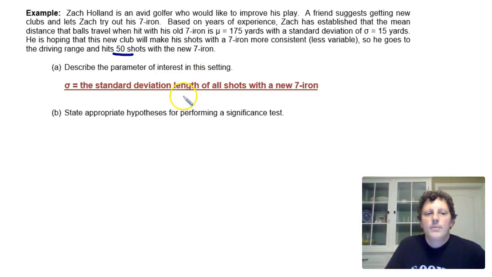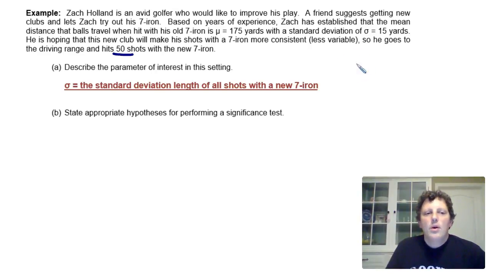So he goes to the driving range, hits 50 shots, so he's got a sample size of 50 with the new 7-iron. The parameter that he's interested in in this setting is the standard deviation. The claim about the old club was that the standard deviation was 15 yards.